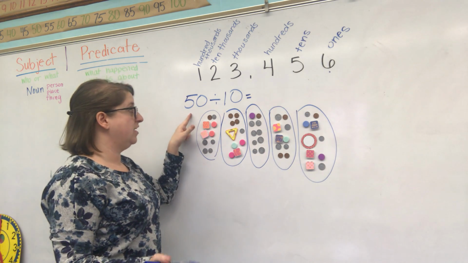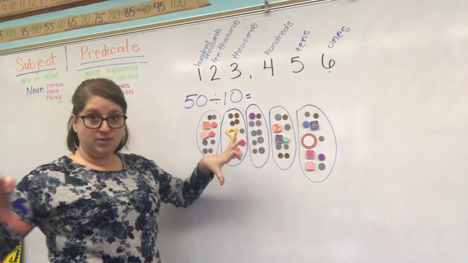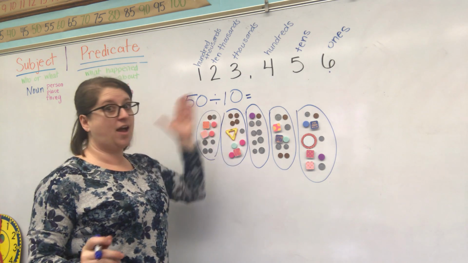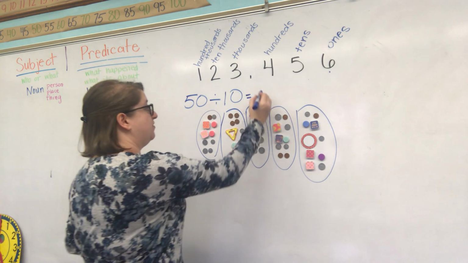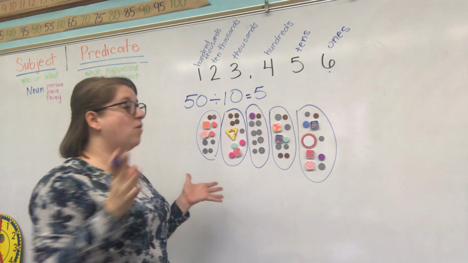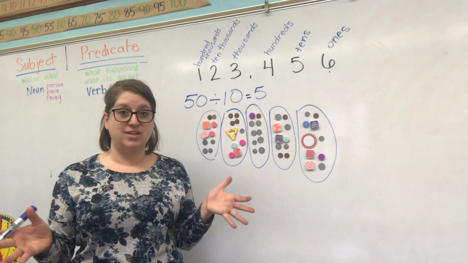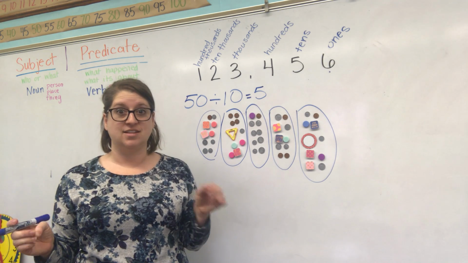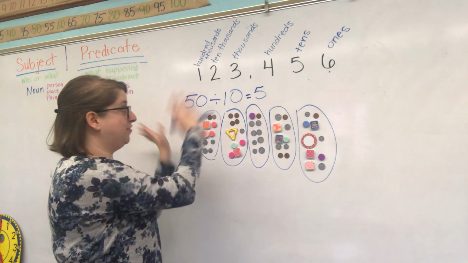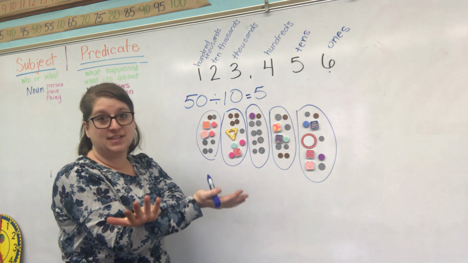So 50 divided into groups of 10 is going to be how many groups? It's 5 groups. And what would be the related multiplication sentence to go with that, guys? Right, we're going to flip-flop the whole thing and put a multiplying sign in it.